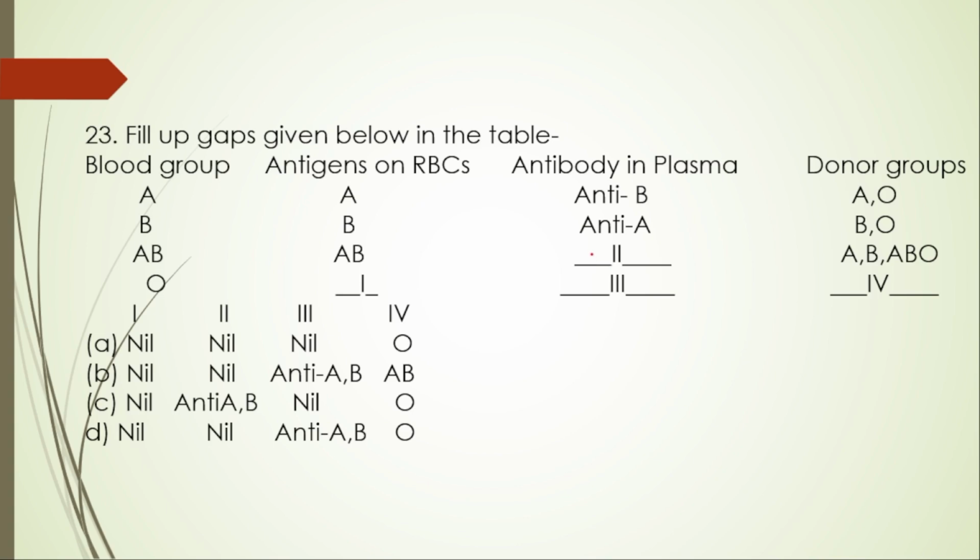And when we talk about O, antigen is nil, and the antibody in the plasma is anti-A and anti-B. So the donor group will be O. So the right option is option D here.